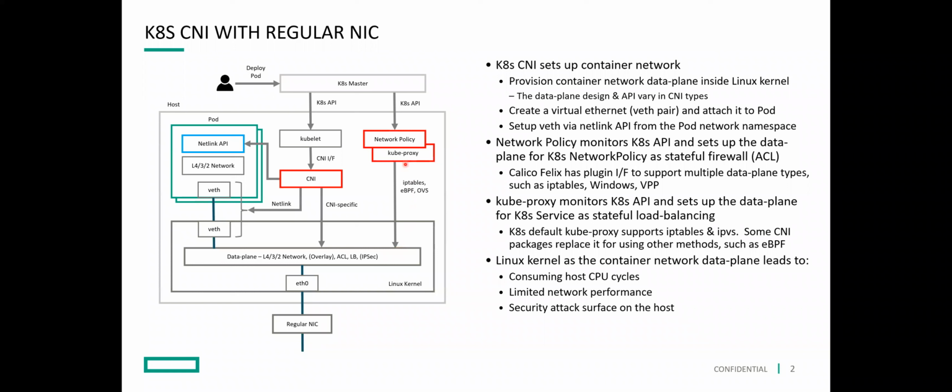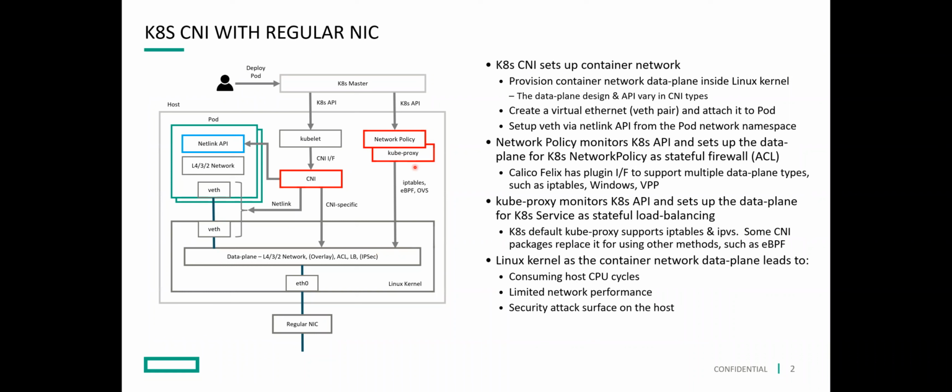And kube-proxy works similarly to the network policy. It also monitors the Kubernetes API and sets up the data plane to support load balancing functionalities. Kube-proxy is actually the default Kubernetes controller that comes with the Kubernetes upstream distribution.